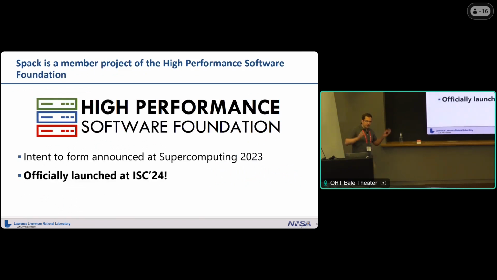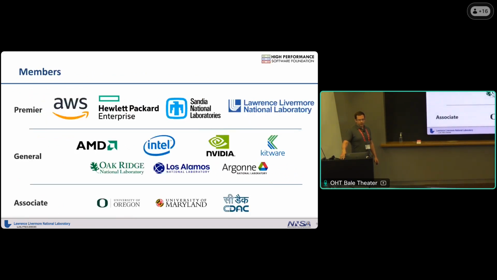Underneath the Linux Foundation, we've jumped in with a bunch of other projects with the High Performance Software Foundation, or HPSF. This was officially launched at ISC. It's a nice group of members.